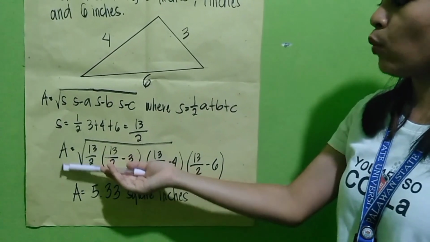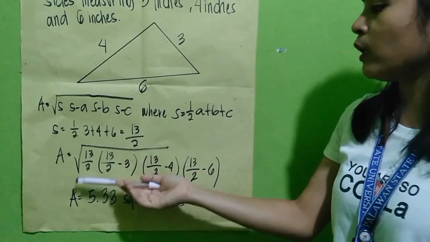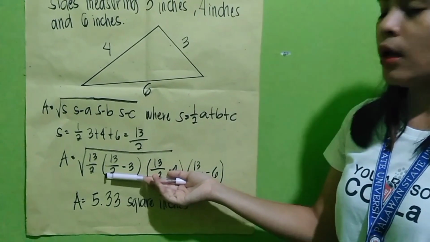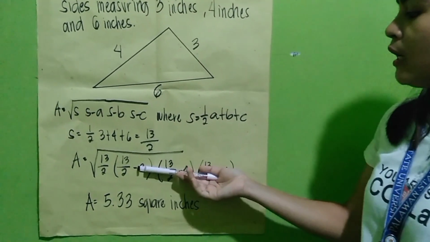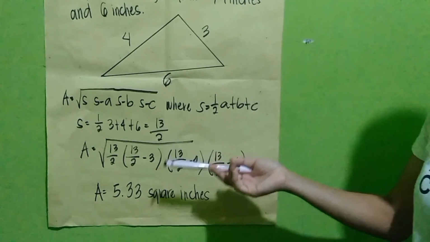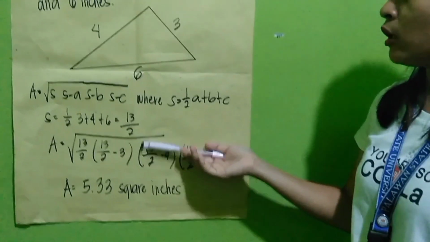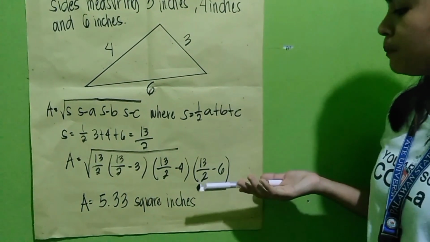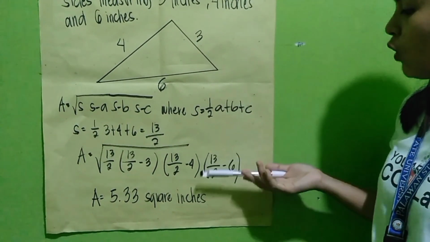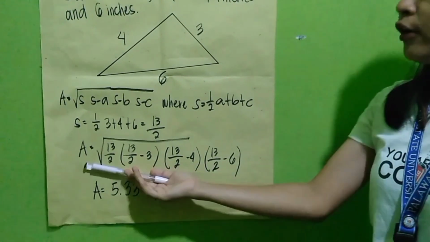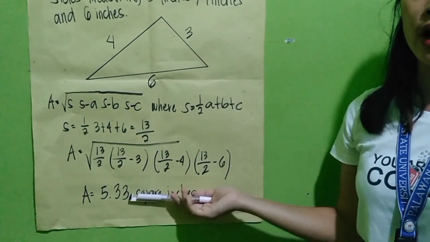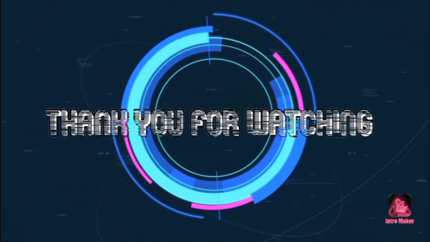A equals the square root of 13 over 2, multiplied by the quantity of 13 over 2 minus 3, multiplied by the quantity of 13 over 2 minus 4, and multiplied by the quantity of 13 over 2 minus 6. Then the area of the triangle is approximately 5.33 square inches.